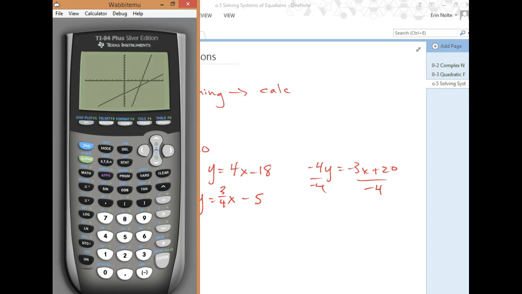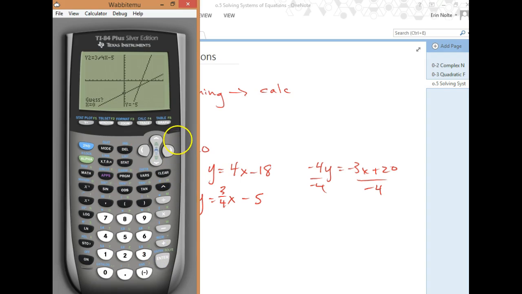Okay, luckily we see this one, so what you're going to do is you're going to hit second trace. Any guesses on what one you're going to choose? Intersect, number 5. And since I only have 2 functions in here right now, it asked me for the first curve, which is going to be the first y equals that I typed in, then the second curve, which is the second one. I hit enter.